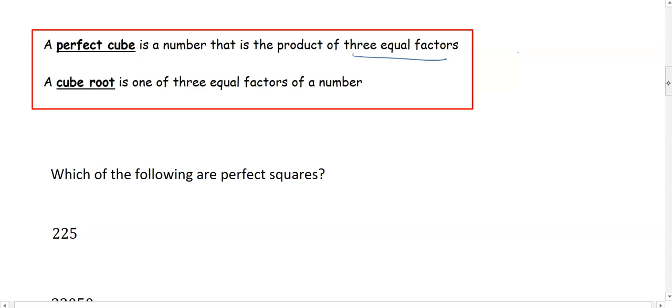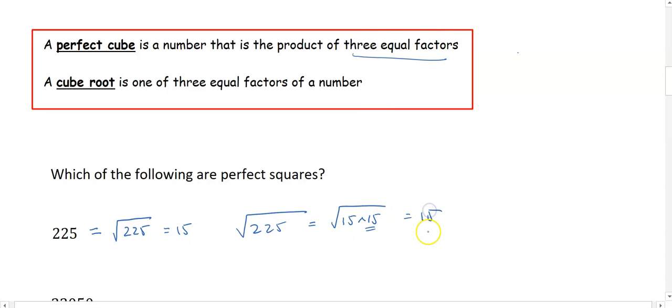If I ask you if a number is a perfect square, you could tell me by asking, can it be broken into 2 identical factors? By using the square root function, when I type that in, I get 15. It means that the square root of 225 is equal to the square root of 15 times 15, take one of those. So that's why in your calculator you get 15.